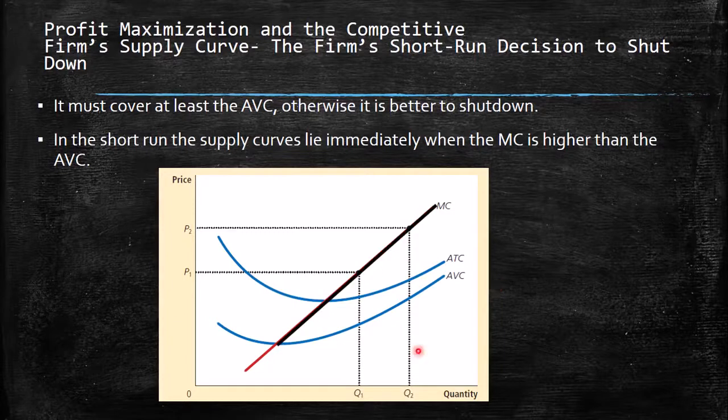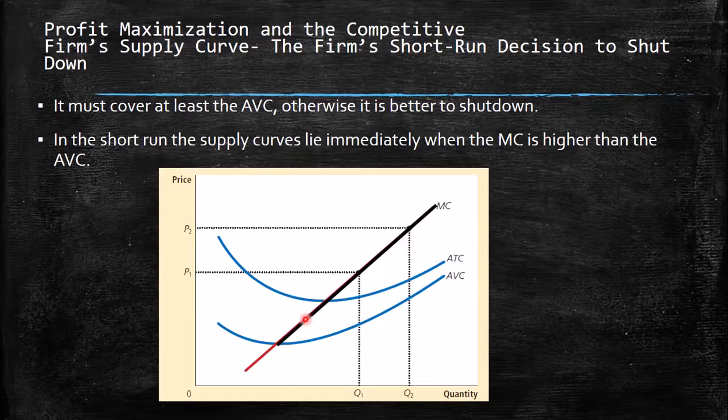So it means that this black line, which lies after the average variable cost, is going to be the start of the supply curve in the short run. If the price is going to be here, you cannot cover even the average variable cost. So for this reason, you are going to shut down. Otherwise, you will start to produce.